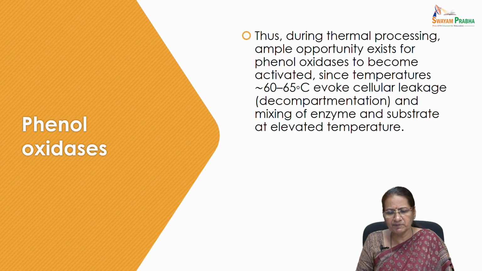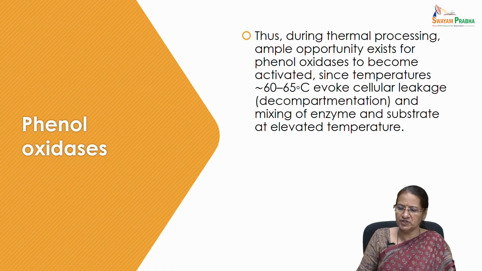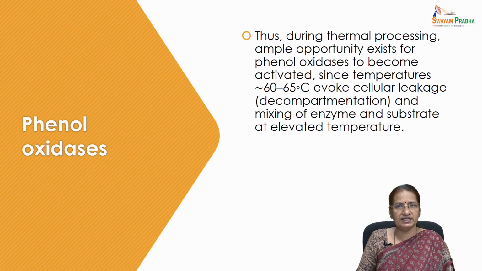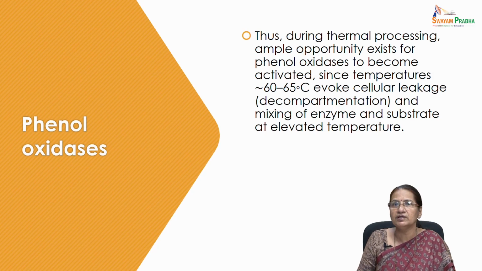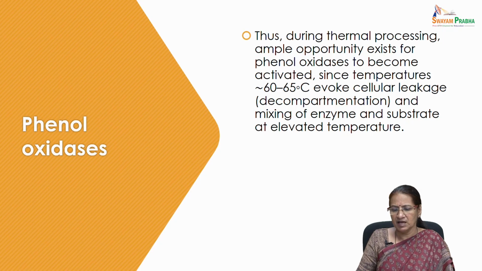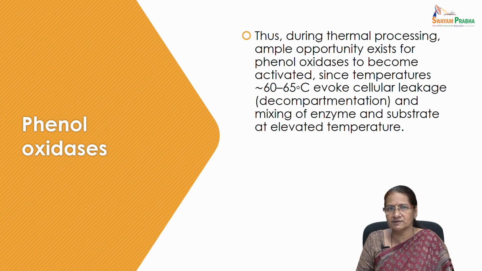Thus, during thermal processing, ample opportunity exists for phenol oxidases to become activated. Since temperatures approximately 60 to 65 degrees centigrade evoke cellular leakage, that is decompartmentation, and mixing of enzyme and substrate at elevated temperature.